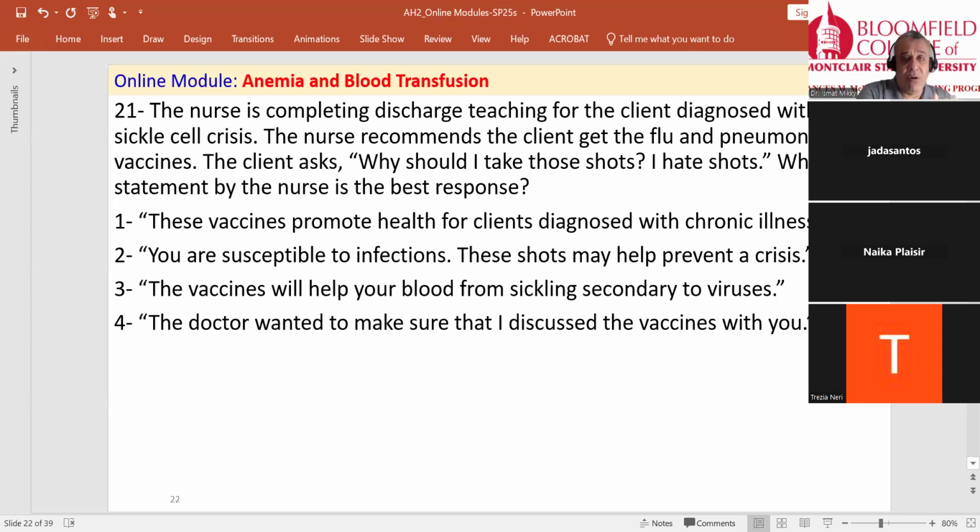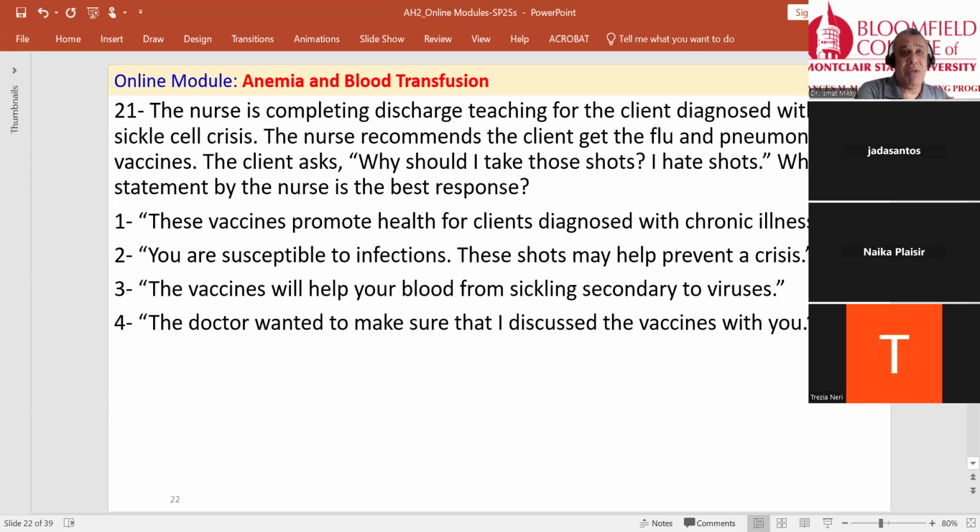Over every crisis, the patient will develop more issues with the spleen, with more detrimental effects, resulting in a significant reduction of splenic activity. This progresses to the spleen no longer being able to function, which increases the client's susceptibility to infection.